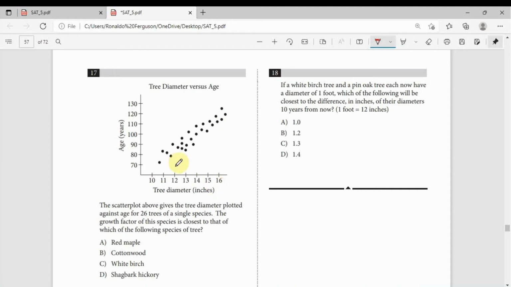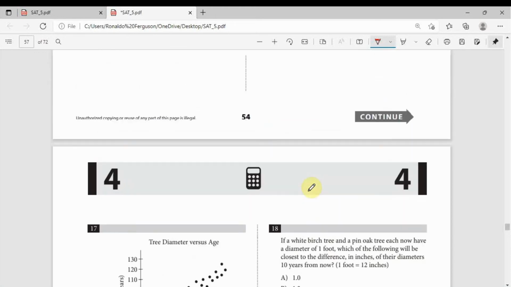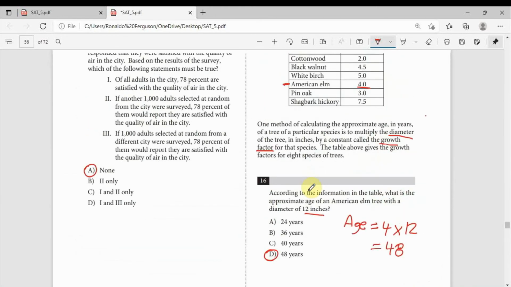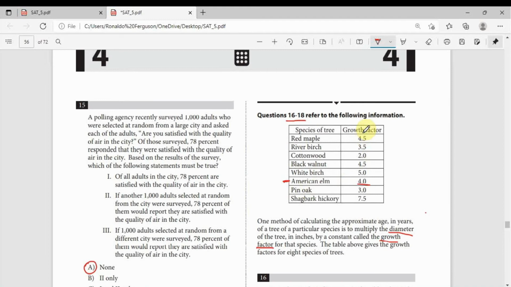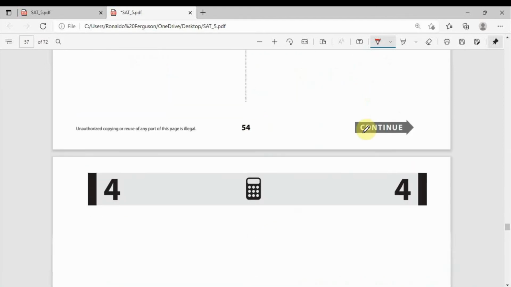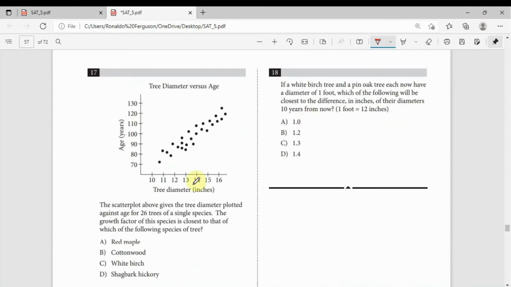Now, the first thing is, remember, the growth factor is just the age divided by the tree diameter. So in other words, we need to find the gradient of this scatter plot. So we need a line of best fit.